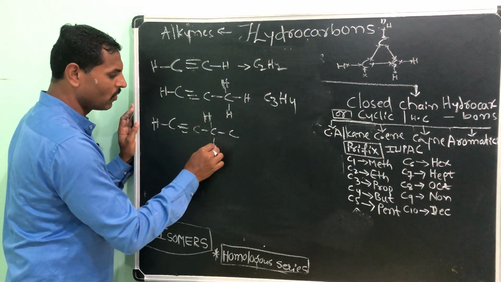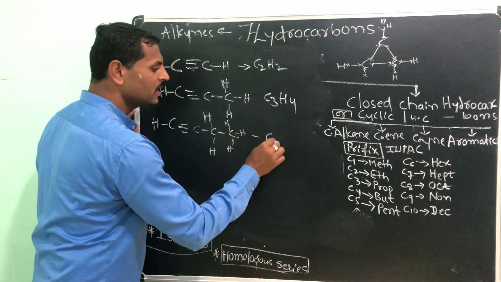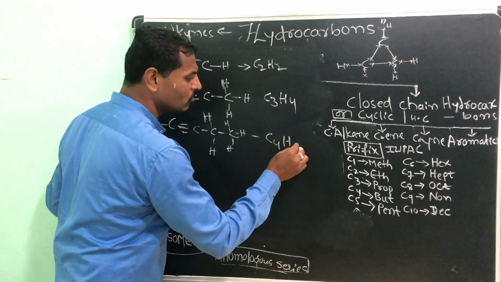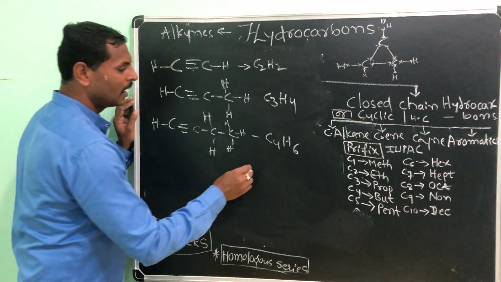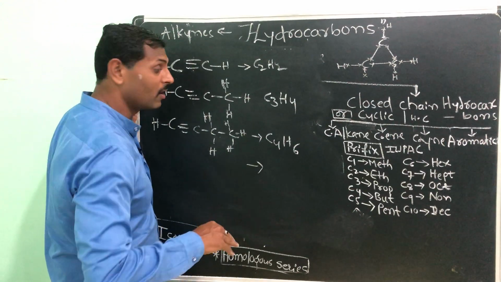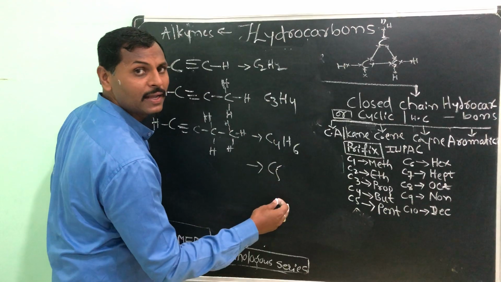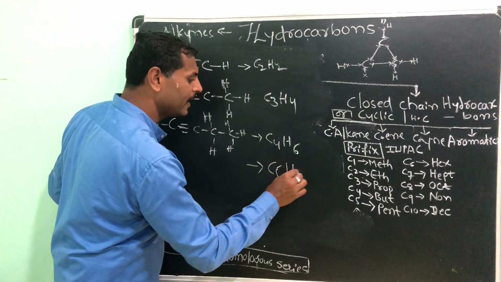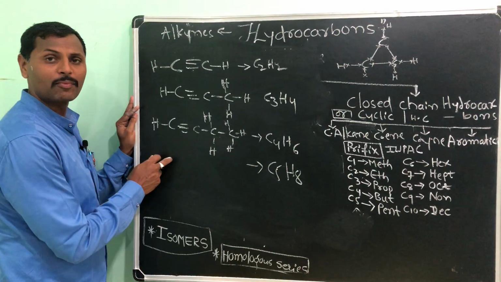C4: 4 times 2 is 8, minus 2, 6. I will write the direct molecular formula for pentyne: C5, 5 times 2 is 10, minus 2, 8. Write the structural formula for this.